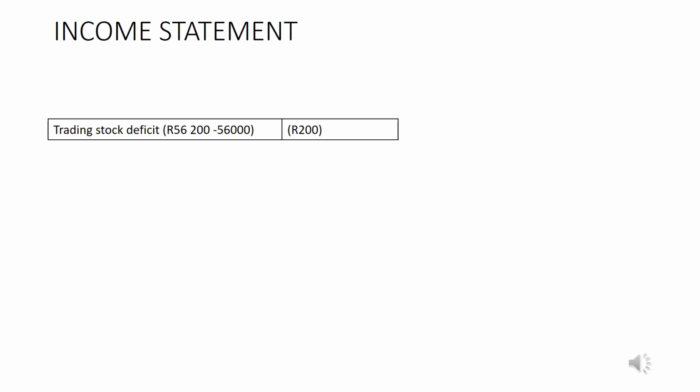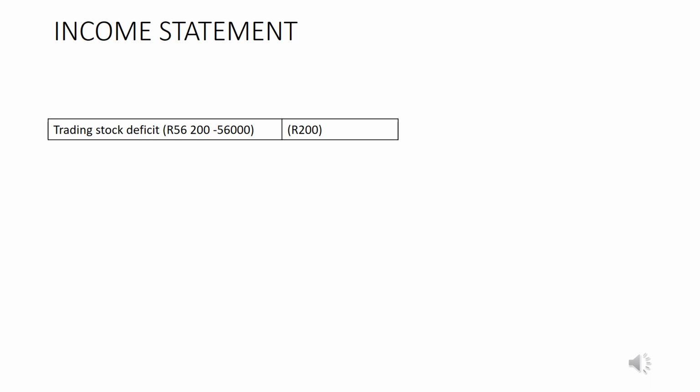When you are preparing your income statement, as a set of financial statements, you will also include trading stock deficit, which is an expense account. You're going to record this account just below your expense accounts.